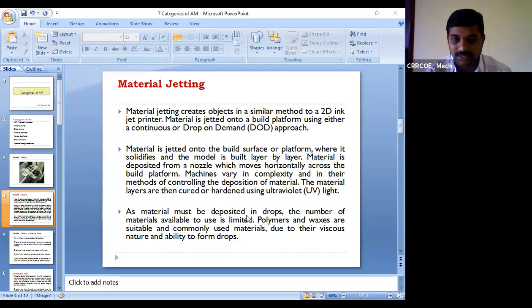The material must be deposited in drops, that is, drop by drop, as I said just before. The number of materials available to use is limited. That means a minimum number of materials is suitable for this material jetting process. Only some materials, those are polymers and wax.